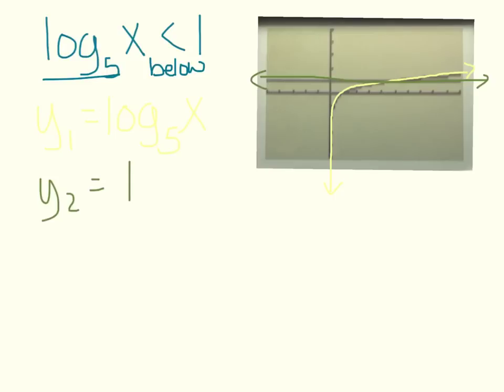So we want to shade everything from here on down. And that corresponds to x values from here. Now be careful because it doesn't go to the left infinitely. It stops at your asymptote. Your asymptote's like a big wall that it hits and it can't go past that wall. So your x values that it corresponds to are only the ones between here and here.